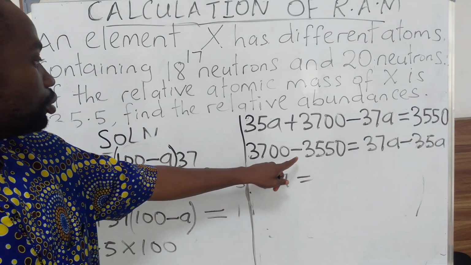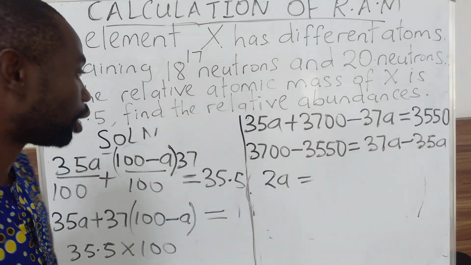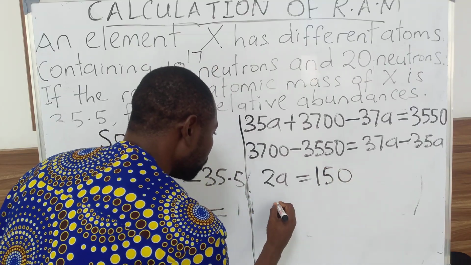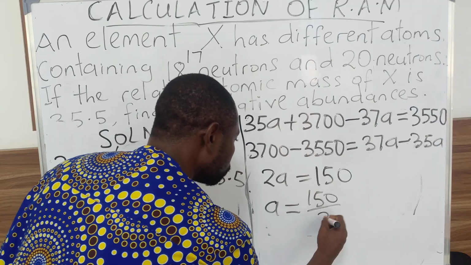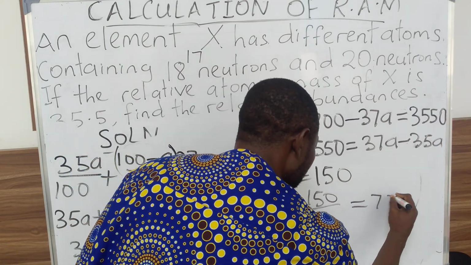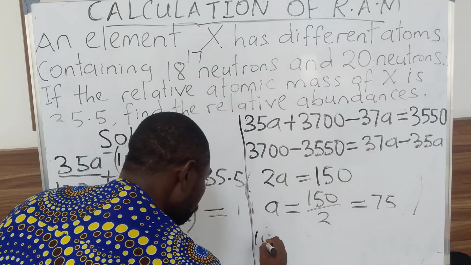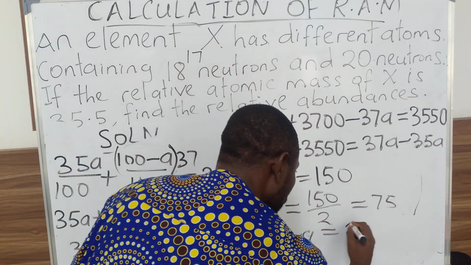if you minus 3,550 from 3,700, we're going to have 150. So therefore A is equal to 150 divided by 2, which is 75. Then the second one will be 100 minus A, which is 100 minus 75, that's 25.